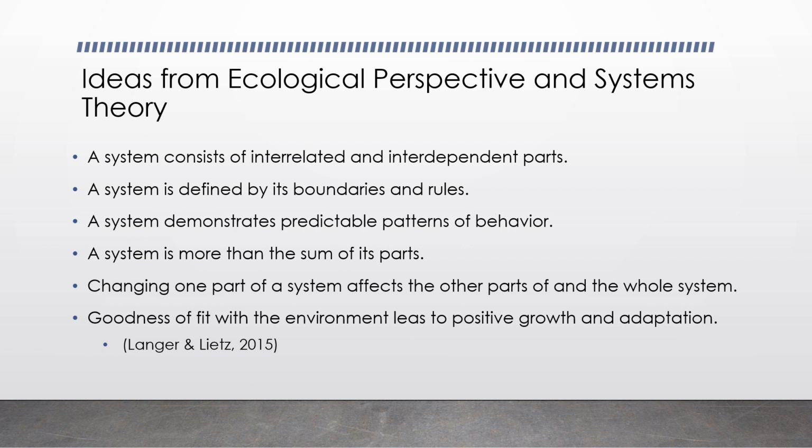And boundaries and rules are ideal for families, not just because they set up these expectations, they also help to define and create a sense of predictability that really allows the system to function effectively. So systems theory suggests that entities have boundaries and rules that govern a system, and this helps the system to achieve homeostasis, a drive that resists change and instead seeks to maintain a status quo.